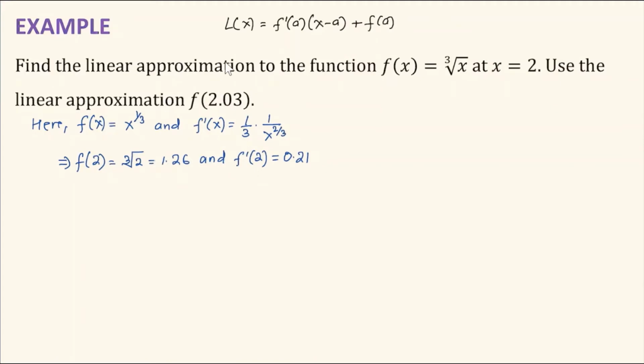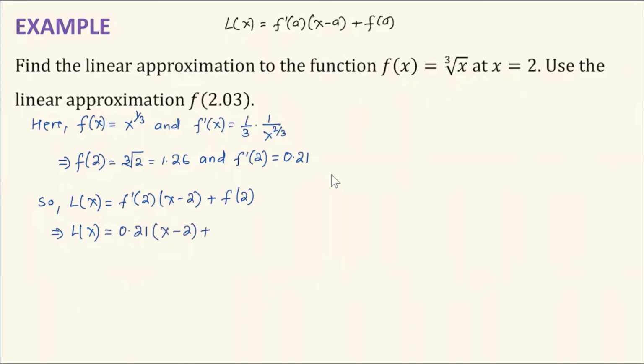So our formula for the linearization is L of x equal to f prime a times x minus a plus f of a. In this case, it is f prime 2 times x minus 2, plus f of 2. Let's plug in the values. The derivative at 2 is 0.21, then you have x minus 2, plus the value of the function at 2, which is 1.26.